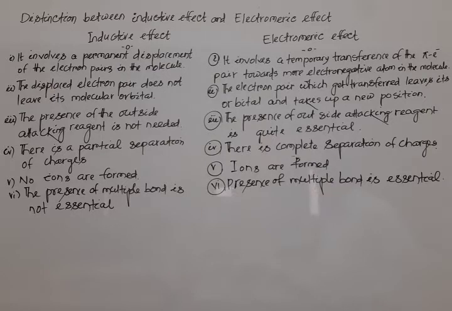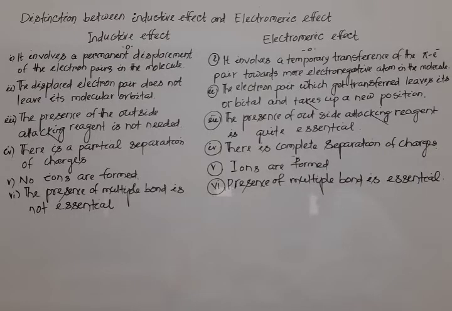Okay, second point, in case of inductive effect, the displaced electron pair does not leave its molecular orbital. While in case of electromeric effect, the electron pair which gets transferred leaves its orbital and takes up a new position.